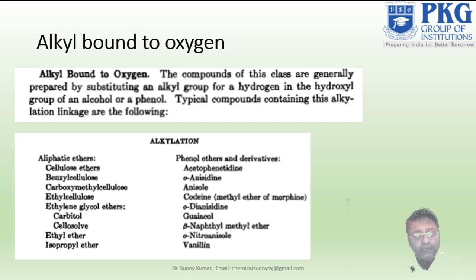The phenol ether derivatives are phenetidine or anisidine, anisole, codeine, methyl ether of morphine, dianisidine, guaiacol, beta naphthyl methyl ether, nitroanisols, vanillin. So these are some alkylation products which are ethers and phenol ether derivatives.